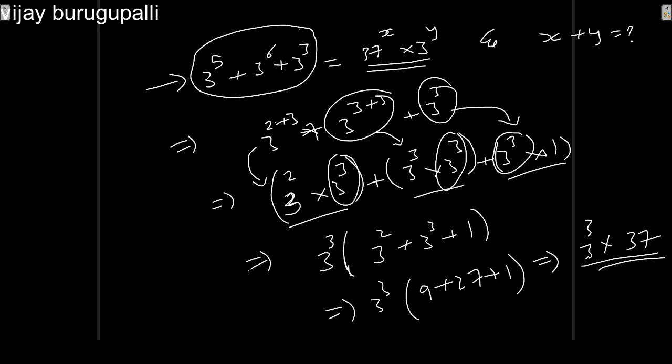Here the base values are the same: 37 to the power 1 and 3 to the power of 3. In the given equation, it is 37 to the power of x and 3 to the power of y. After comparing these two, we can write that the value of x is 1 and the value of y is 3. So the final answer is x plus y equals 1 plus 3, that means 4. In this way, you have to solve the exponent problems in GRE.